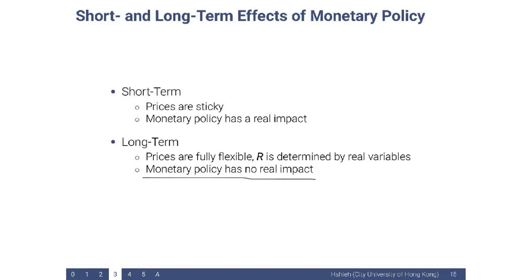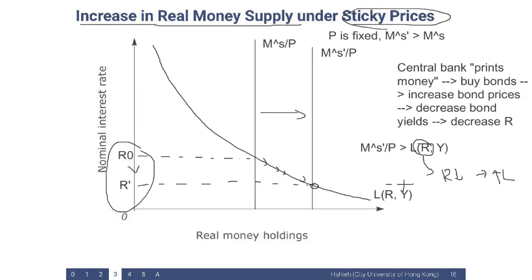So let's go through an example in which we have an increase in money supply under sticky prices. So now this is our initial step into understanding monetary policy, how it changes interest rates, and what this looks like visually through this graph that we've created in the beginning of this class.